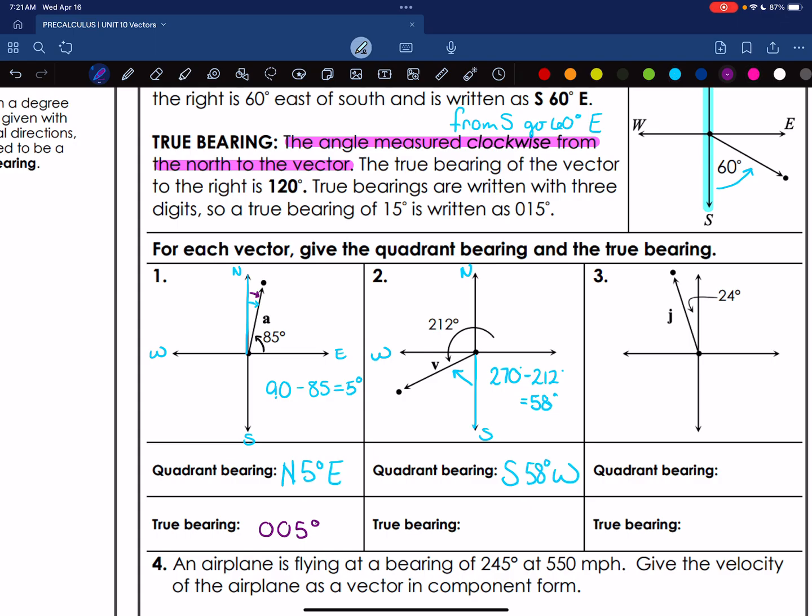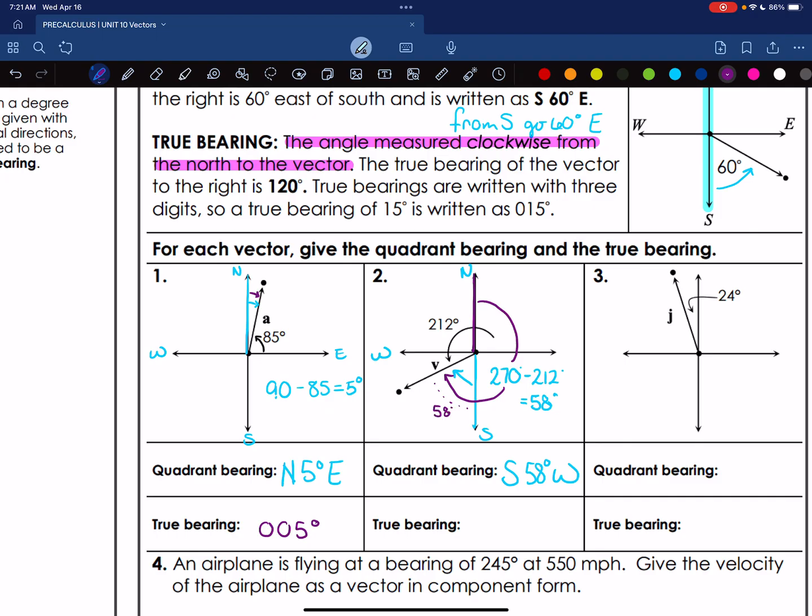There we go. Now, if we're going to figure out our true bearing, it's from north, rotating clockwise, so in the direction that a clock goes, which would mean I'd be going all this way around. So how much is that? Well, I go 180 degrees and 58 more, because that's what this portion right here is. This little portion is 58, right?